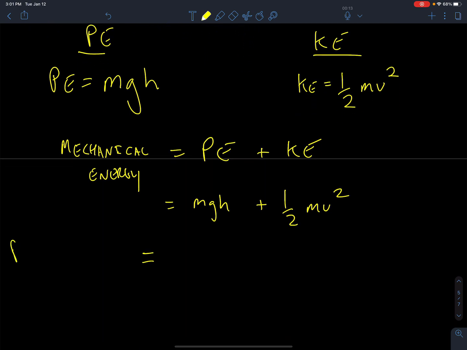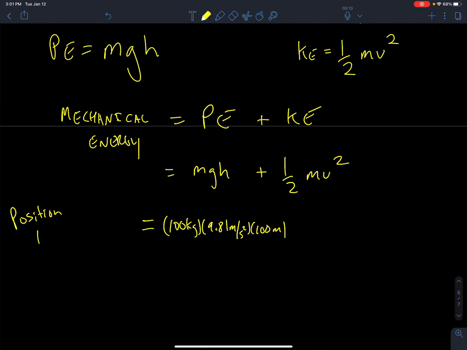So at position 1, I have a mass of 100 kilograms times 9.81 meters per second squared times 100 meters. I think that's what you said, yep. Plus 1/2 times 100 kilograms times 0 meters per second squared. Well, that just cancels this out because 0 times all that makes it 0. So I have 0 kinetic energy here.